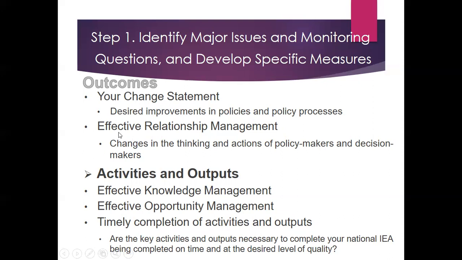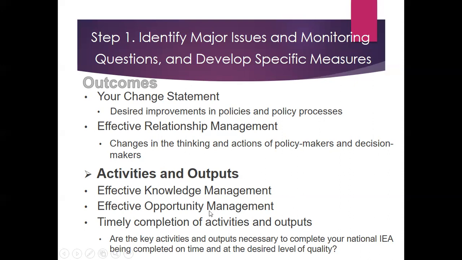Also coming out of the outcomes for policy development, you want to ensure that you have effective relationship management. So how do you know that? You know that by finding or identifying ways to measure, have the thinking and the actions of your policy makers and decision makers change for the better? We talked about that. We looked at a few measures and indicators already, right?